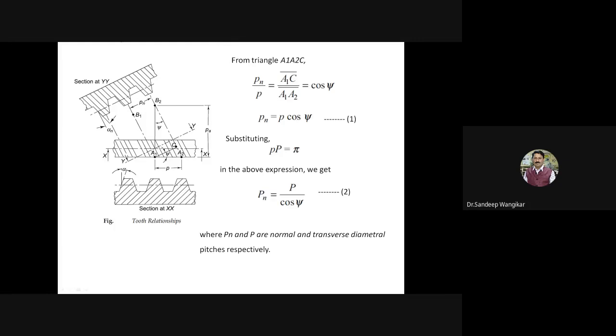The heading will be terminology of helical gears. So draw the diagram.